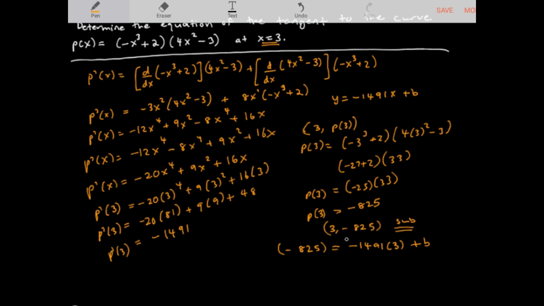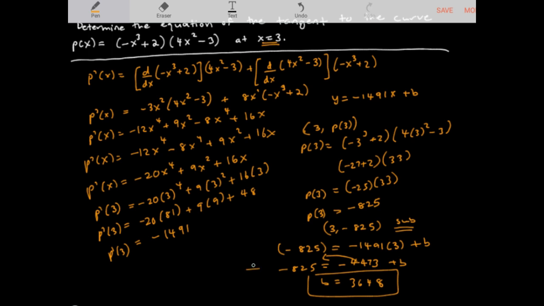And then if I crunch all this out, 1491 times 3 gives us negative 4,473 is equal to negative 825 plus b, and then I'm going to move this to the other side. So b here is equal to 3,648. Okay, so yeah, these numbers are kind of extreme.